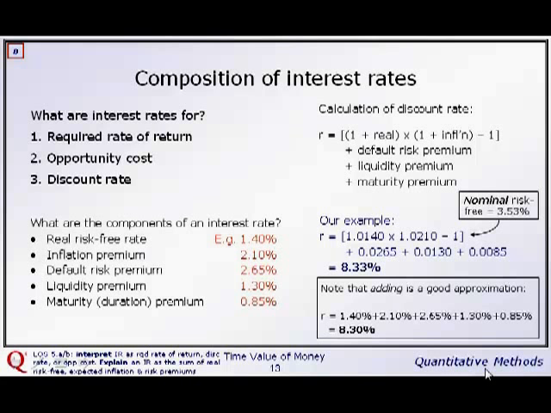The first component, the first way of dividing it, is into risk-free and risk premiums. The risk-free rate is a notional rate of return that we can achieve without any possible risk of losing our income or our principal. Traditionally, we would normally talk about US government bonds or US Treasury bills.